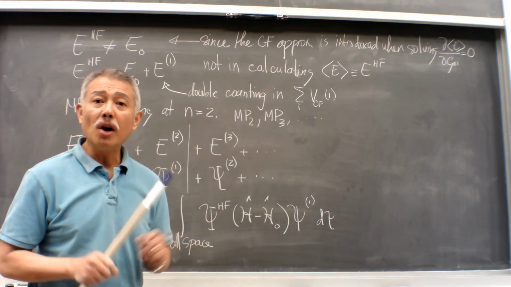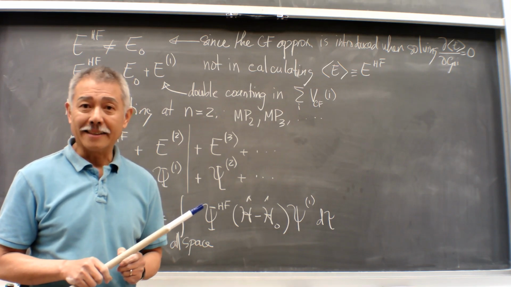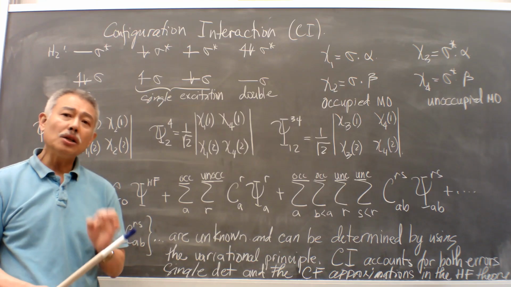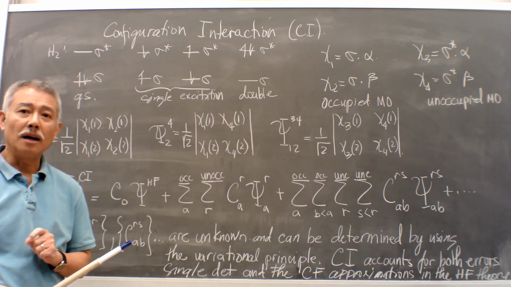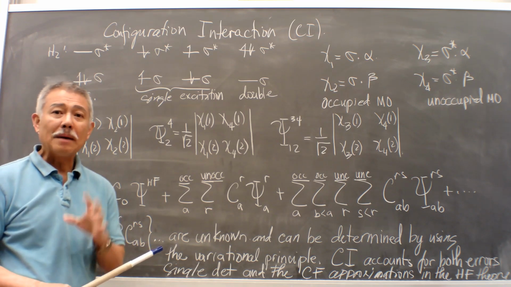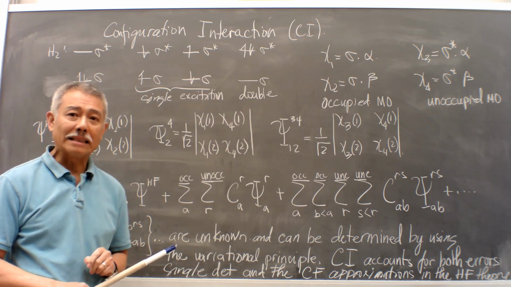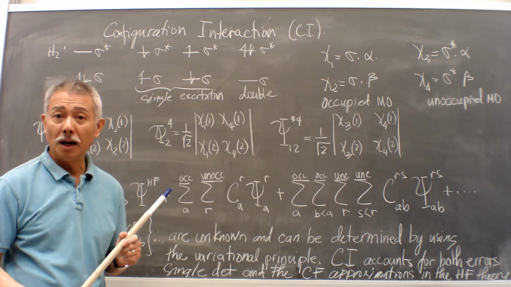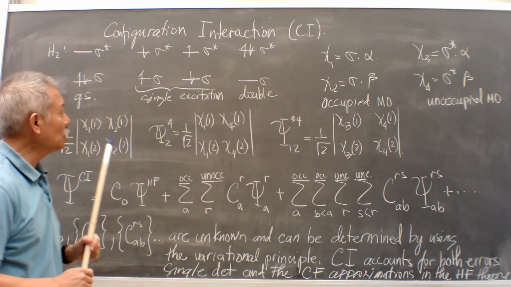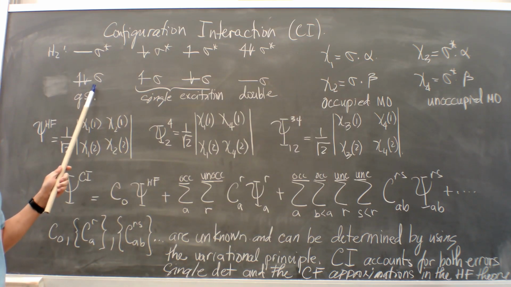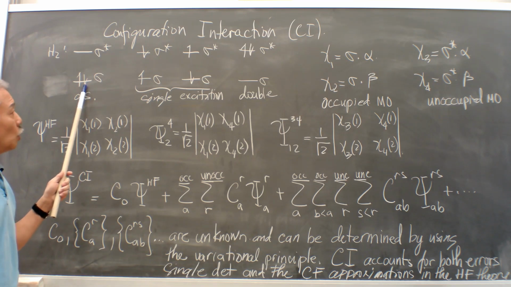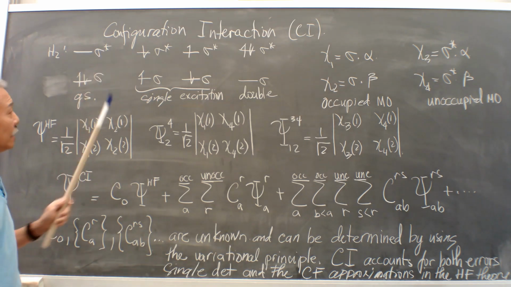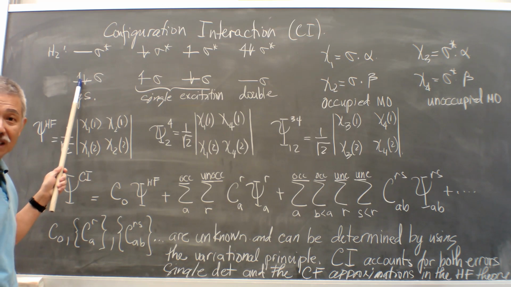So let's move on to configuration interaction. It's easy to understand configuration interaction theory by using a simple example, the hydrogen molecule. We have two molecular orbitals, sigma and sigma star, and the ground state has two electrons in the sigma.